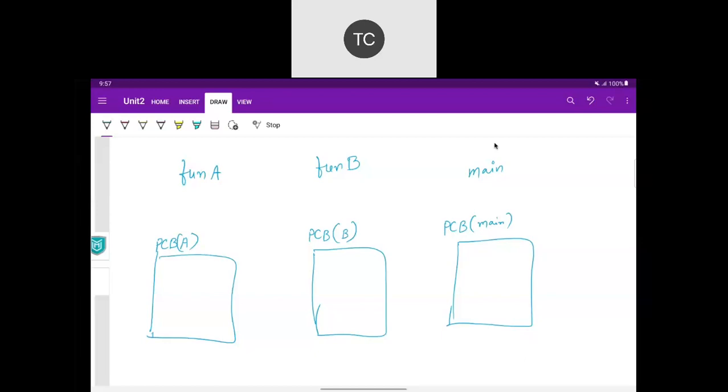This PCB will contain all the local variables, local constants. It will have an execution pointer.